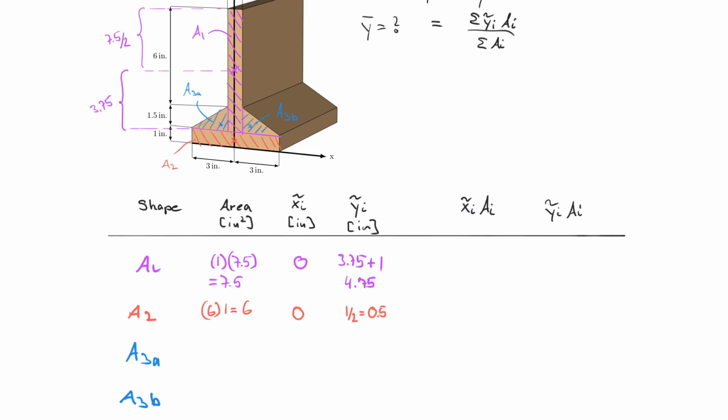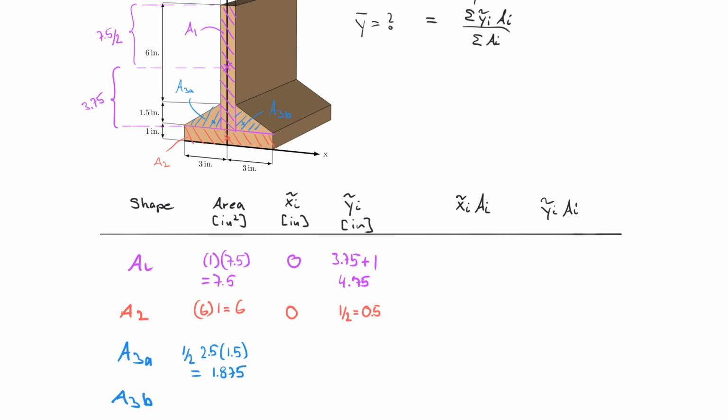So my A3A is, first of all, the area is 1/2 base times height. Base, be careful now, because the base is only 2.5. It's not 3. 2.5 times 1.5. And that calculates to be 1.875.